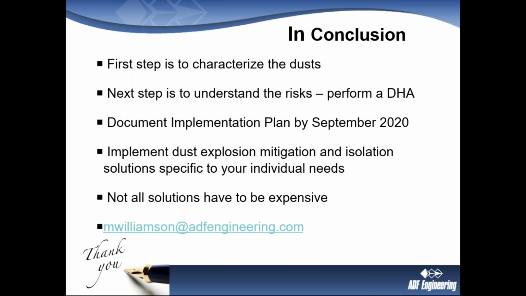So generally, you'll find a very small facility, maybe a little transload facility that's only dealing with one type of dust, you'll find DHAs easily less than 10,000. So 8 to 10,000 for the smallest facilities, up to the largest facilities.